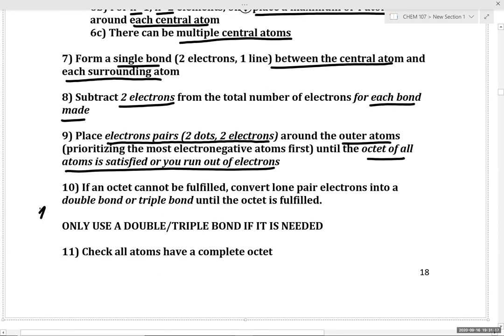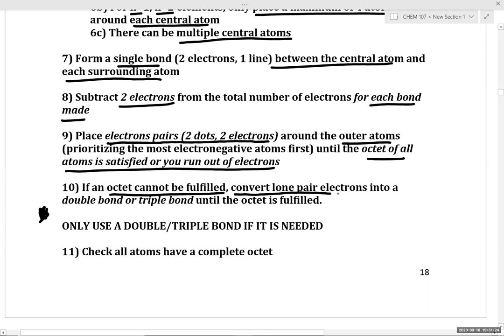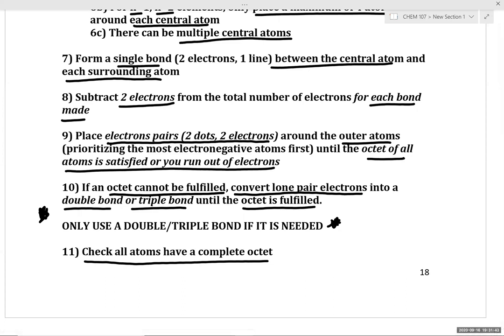Finally, then and only then, if the octet cannot be fulfilled, you convert lone pair electrons into a double bond or triple bond until the octet is fulfilled. Make sure to check all atoms have a complete octet and only use a double or triple bond if it is actually necessary. I find the biggest error that students make in Lewis structures is they start drawing double and triple bonds before they need to.